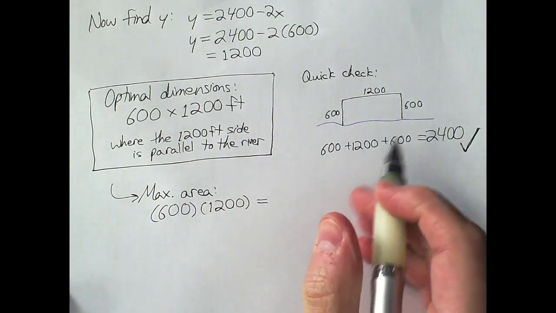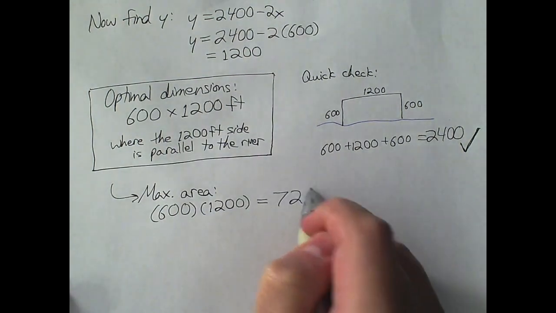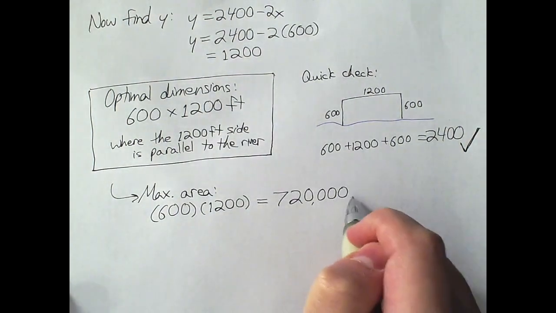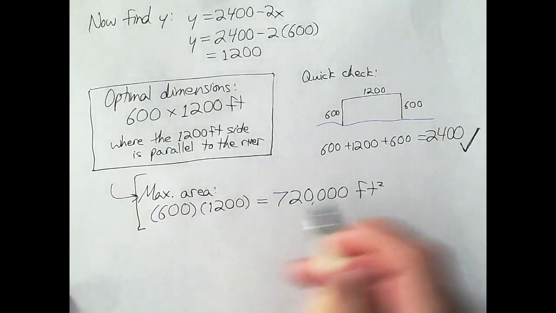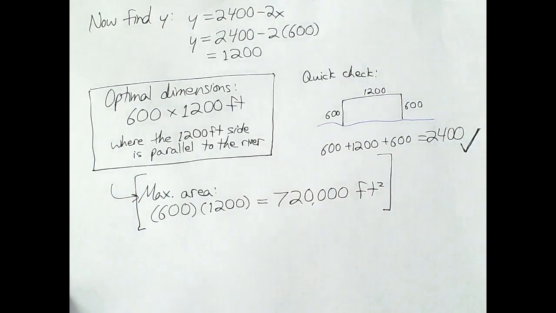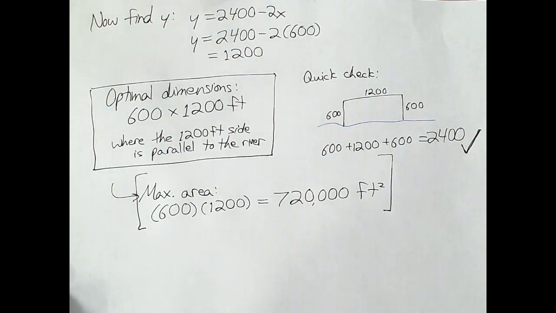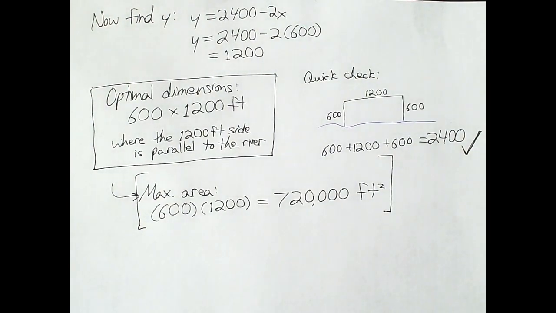And I got 720,000 square feet. So just in case the problem asked for something like that, you could find it, right? That's the area of that rectangle. But we answered what it was asked.